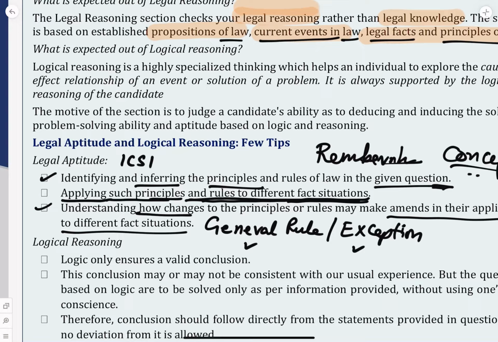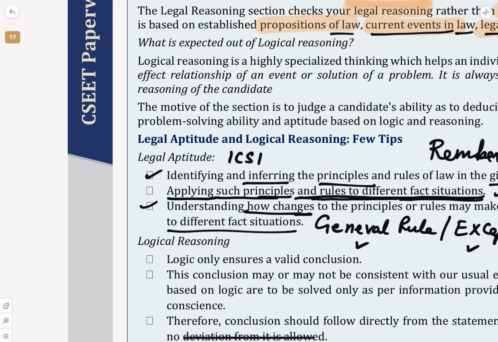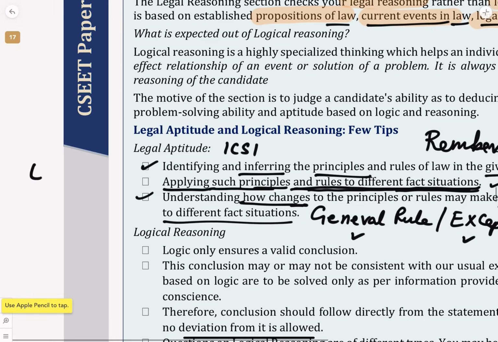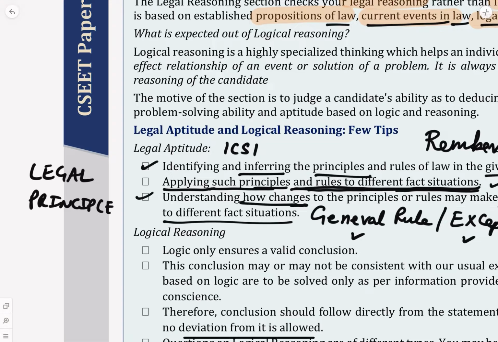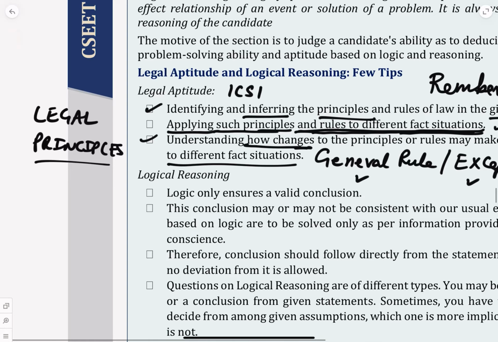We'll study this in this video itself, and I'll make you understand. Then apply the principles to different situations, and know how the answer changes for different situations. At the end of the day, if you concentrate on legal principles and get these basics, nothing else is required. But there will be some questions based on memory.